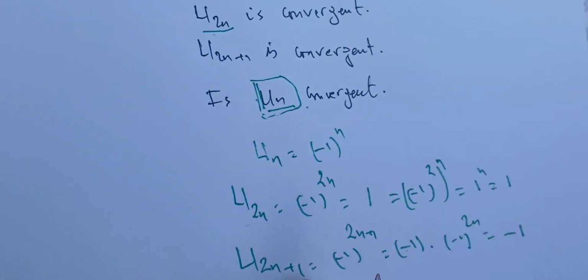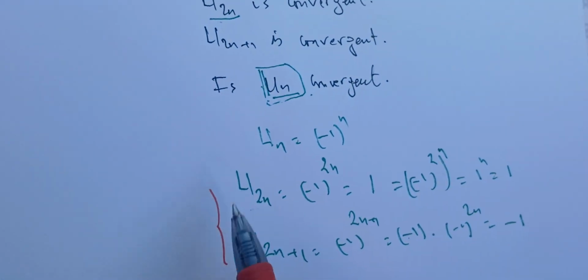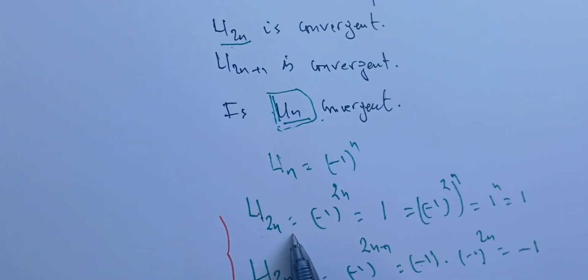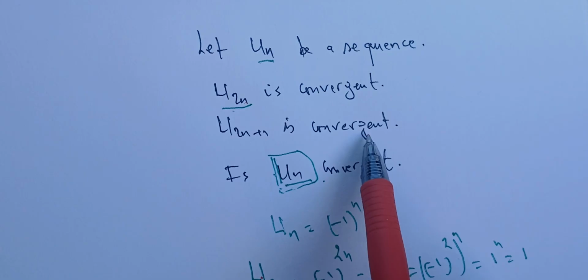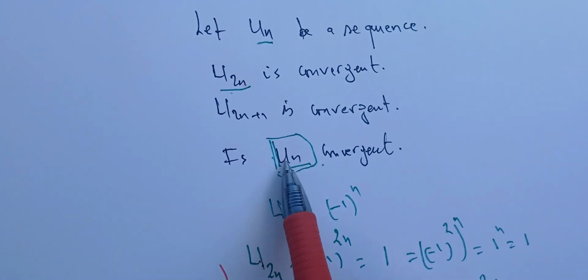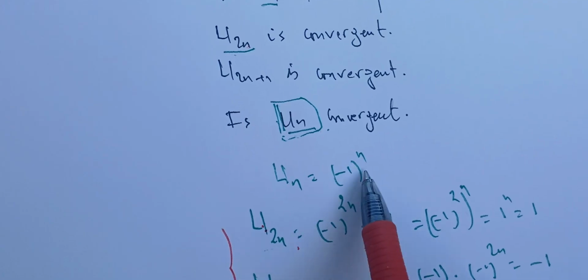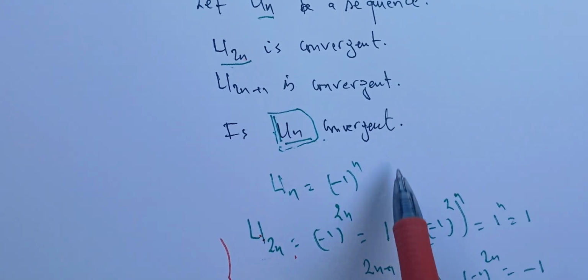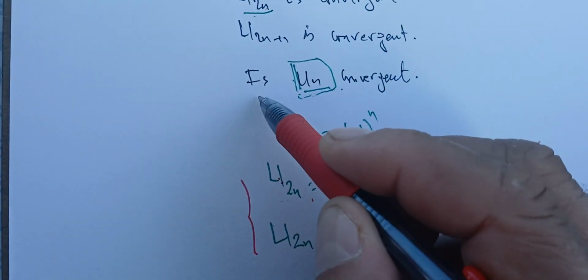So here we see that we found two sequences, u_2n, which is convergent, and u_2n+1, which is convergent, but u_n is divergent. It doesn't have a limit. It has these two values, 1 and -1.